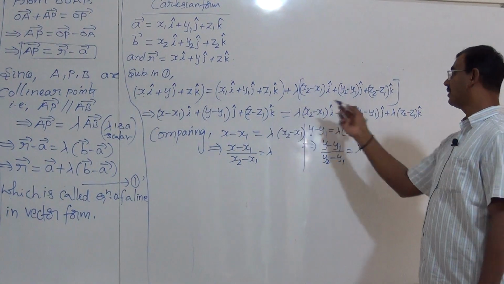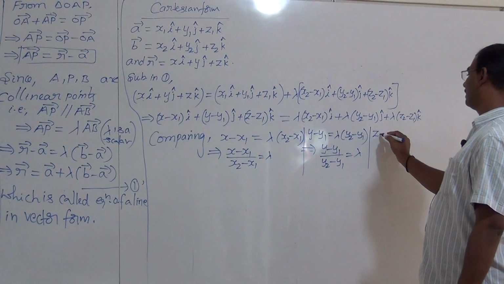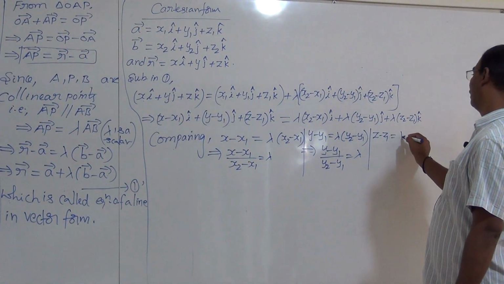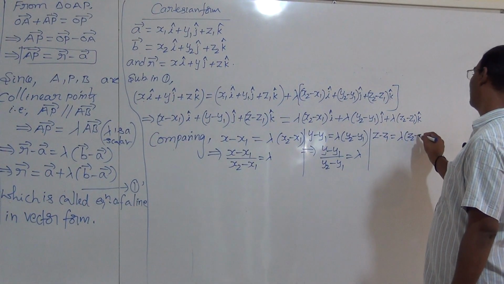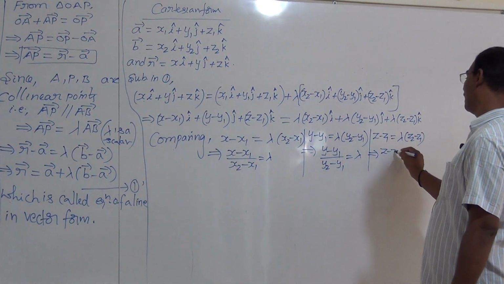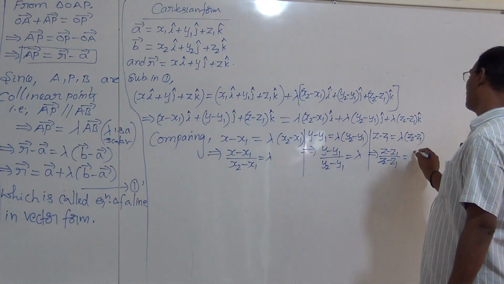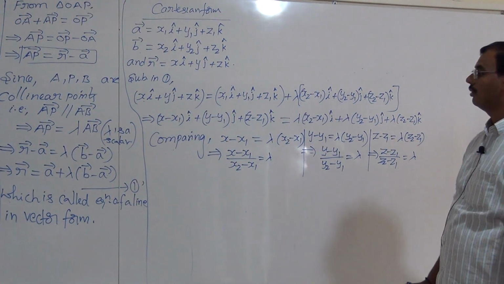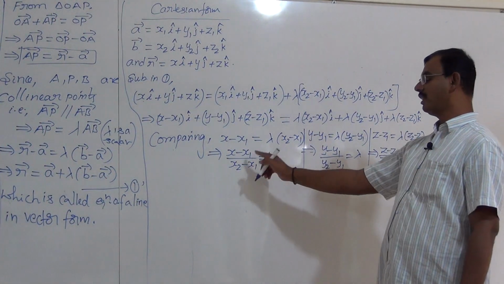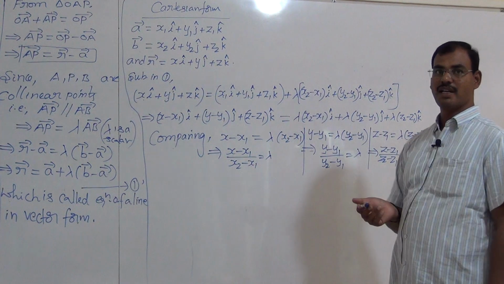And the third one is comparing k coefficient: z minus z1 is equal to lambda times z2 minus z1. From this, lambda value is z minus z1 upon z2 minus z1 is equal to lambda. We got the lambda value in x, in y, and in z.